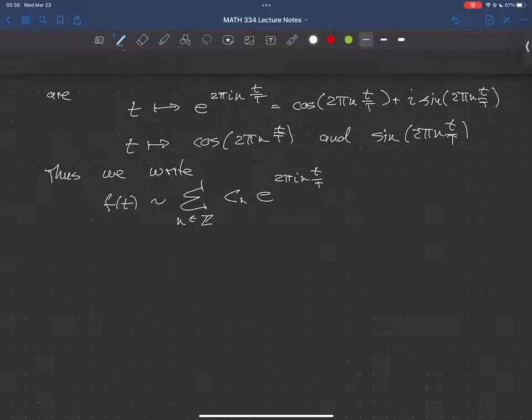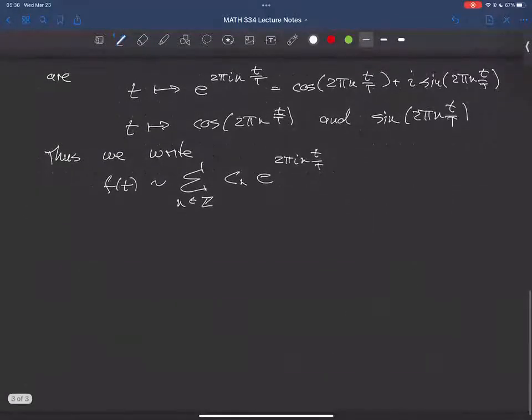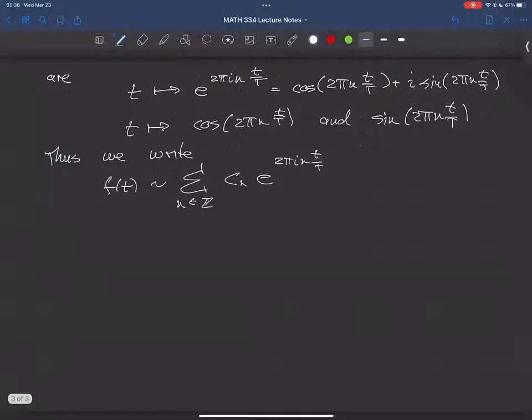And so I'm going to go, therefore, f of t, and I'm going to multiply it by the harmonic e to the minus 2 pi i m t over T, dt, and then I'm going to integrate over a period.